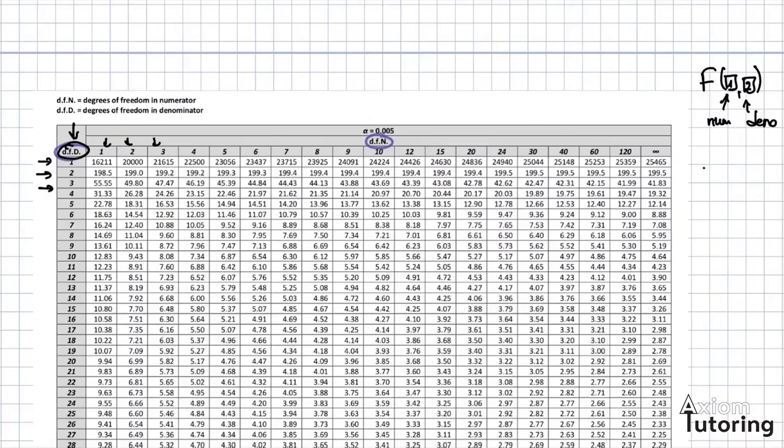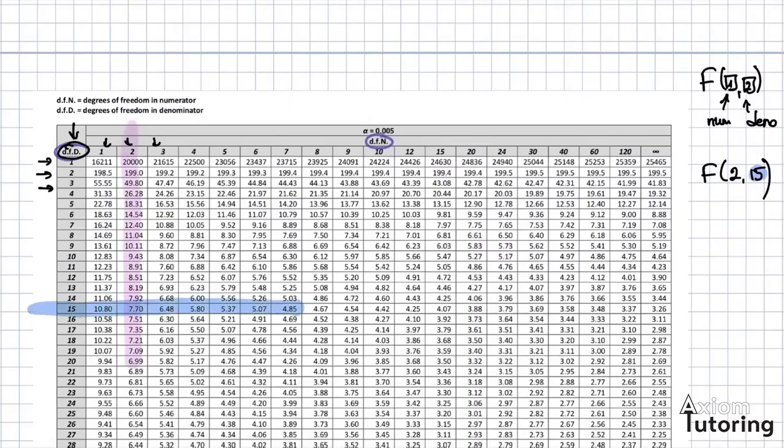So for instance, if we had to find the F statistic for degrees of freedom 2 and let's say 15, then first we'd have to look at the column corresponding to 2 for the first degree of freedom. Then we'd have to look at the line where the degrees of freedom are 15 right here.